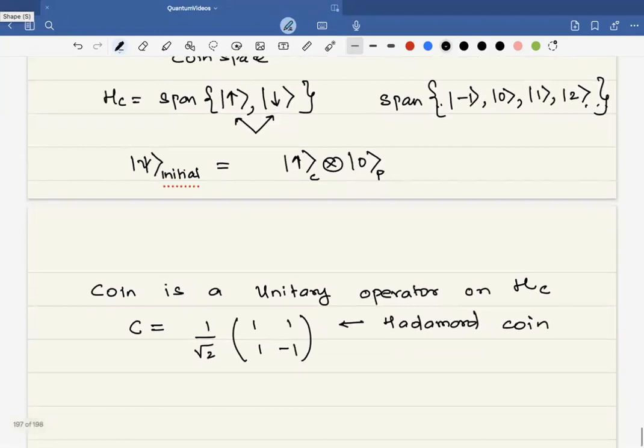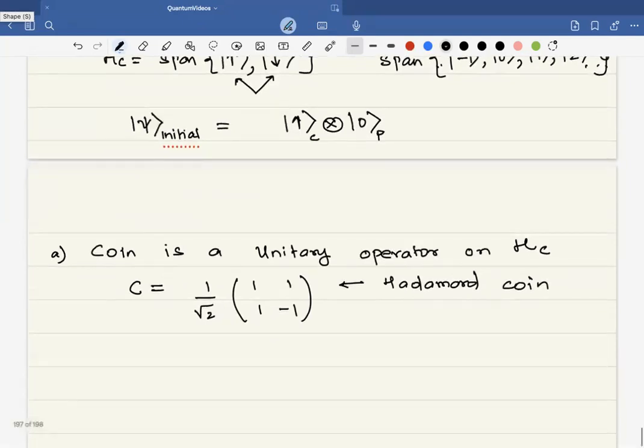Right. And so there are 2 steps. So the first step again is tossing a coin. So you apply the Hadamard gate to this thing, and the coin acts only on the coin space H_C.